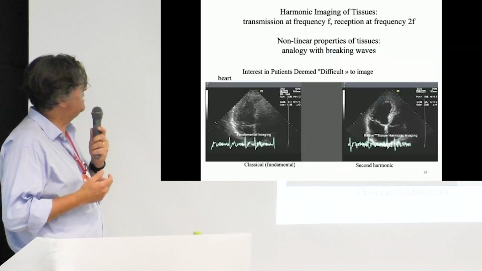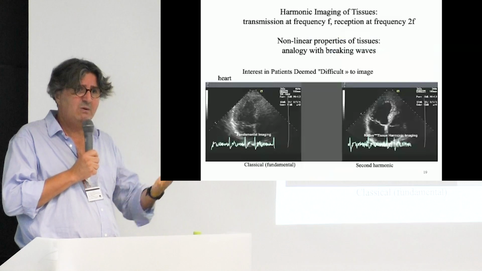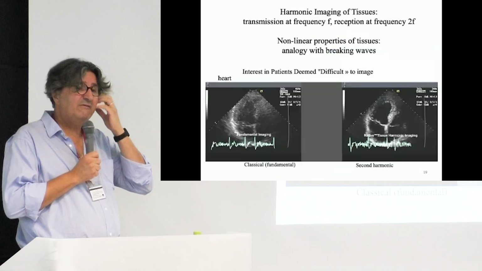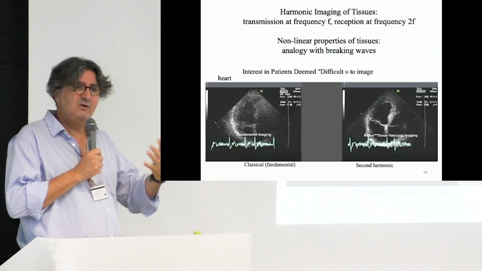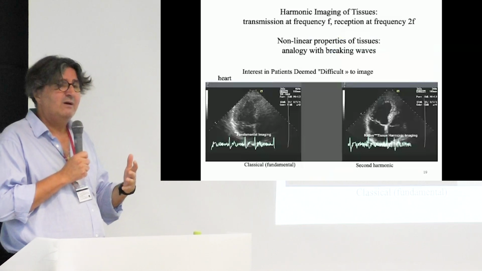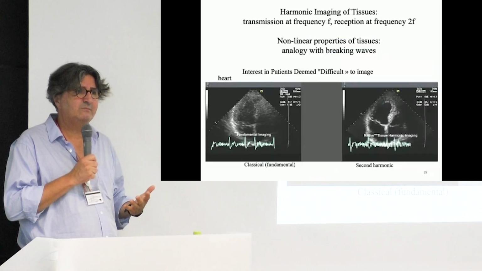This is second harmonic imaging of tissue. And they started with bubbles. But in fact, this nonlinear effect due to bubbles occurs also in tissues.